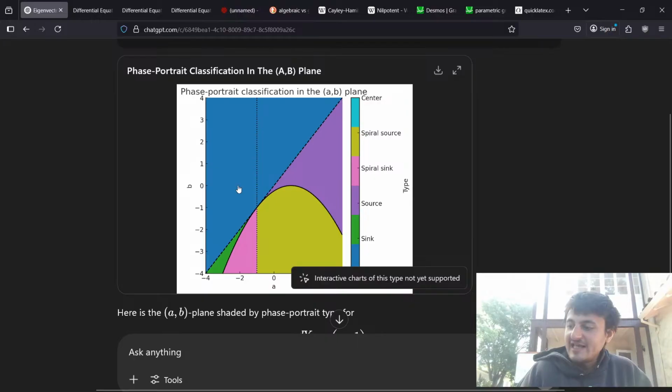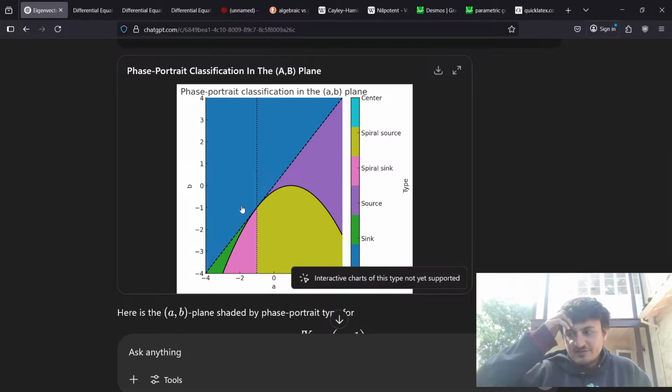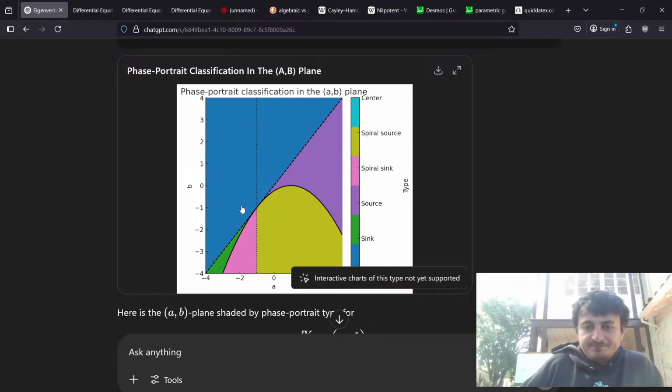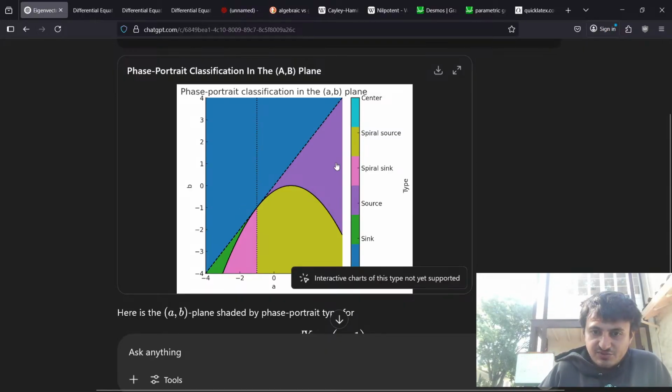All right, so we get the saddle above this. Wait, so when I said that there were real eigenvalues, let's see, that's a source, that's a sink. Okay, so I was actually right. All of these parts above the parabola are going to give you real eigenvalues. And then what's at this point?